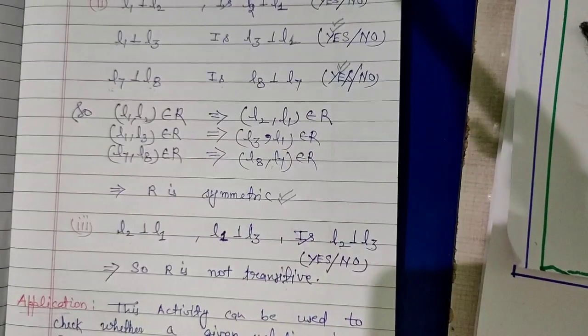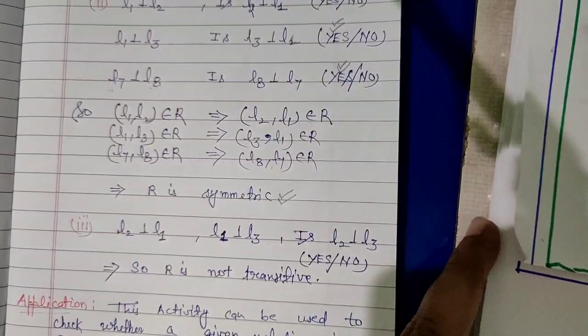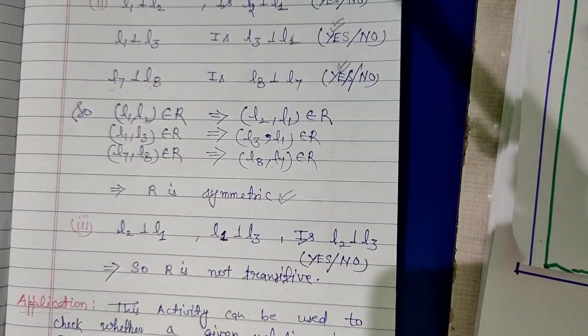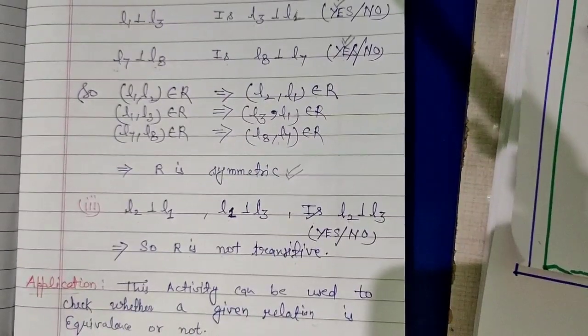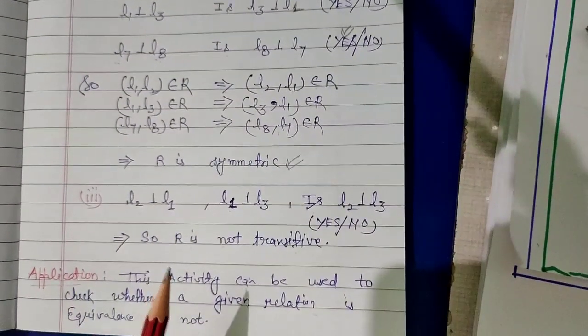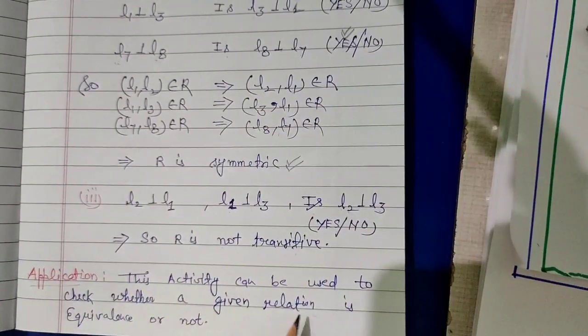So this kind of activity you have to do. Just try to make it more interesting, and you can represent it in your record file in the same way as I have represented it for you. Now the application: this activity can be used to check whether a given relation is equivalence or not.